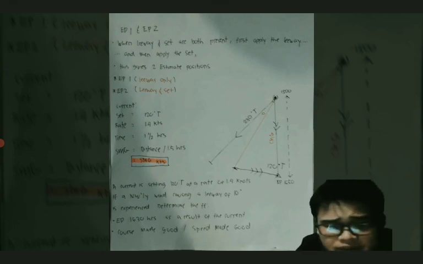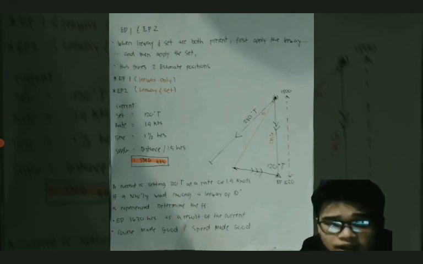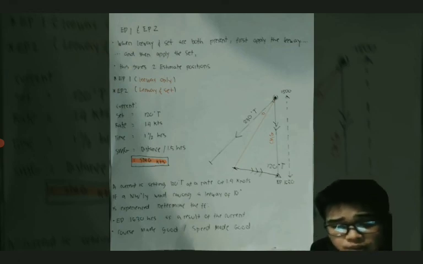So always remember that after we have determined our estimated position 1, which accounts for the leeway, we will always take into account the current. And then we will connect it to the 1500 position, and that will be our course made good. As well, we will determine here the speed made good.